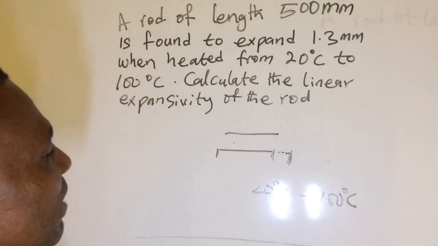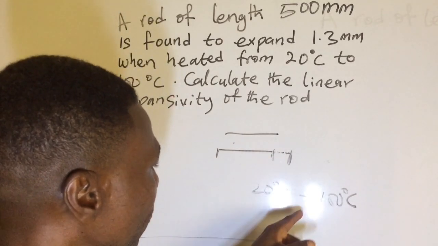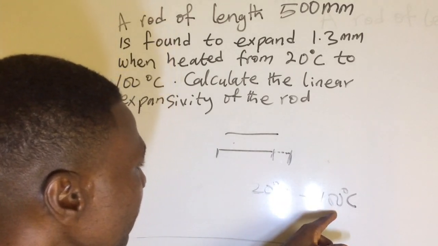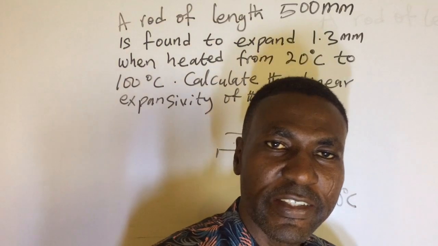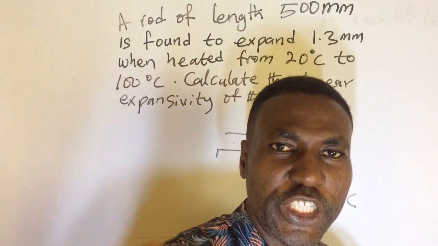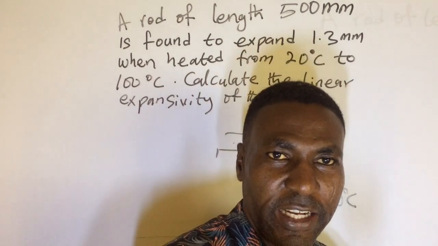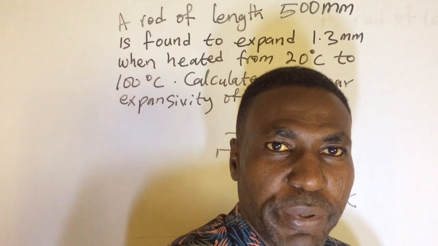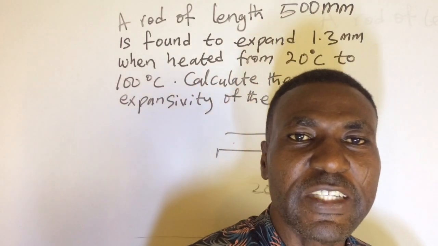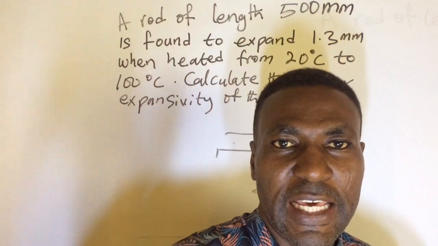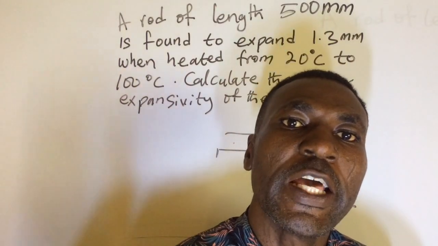So now the linear expansivity will be this increase in relation to the change of temperature from 20 to 100, comparing the original length and the change in temperature. That is why we say the linear expansivity is the increase in length per original length per change in temperature.